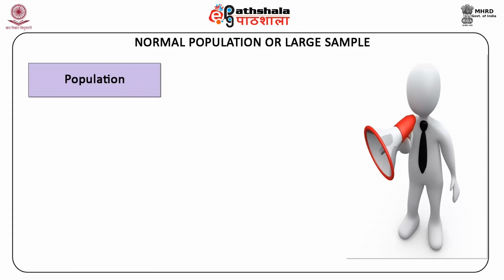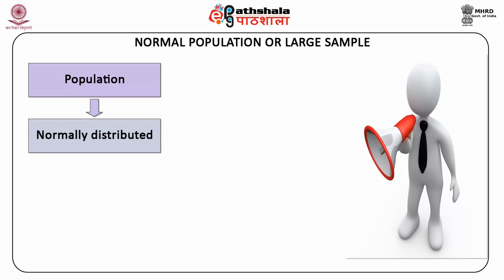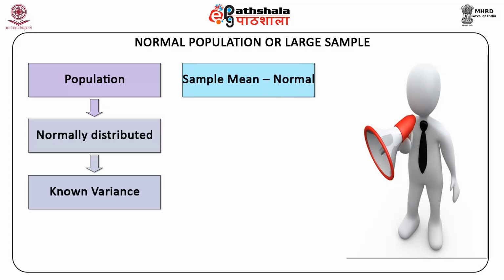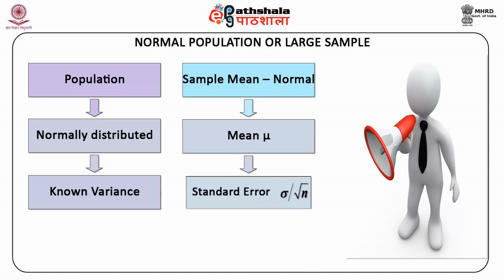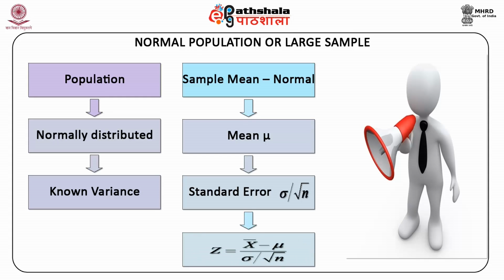If the population is normally distributed with a known variance, then the distribution of sample means is also normal with mean mu and standard error sigma by root n for all sample sizes. The standardized variable z equals x bar minus mu divided by sigma upon root n, and it is distributed normally with mean 0 and variance 1.